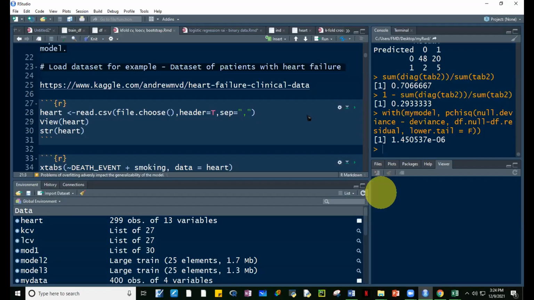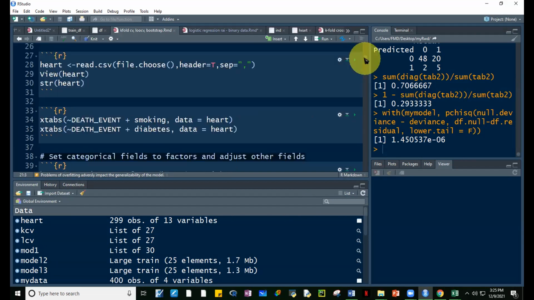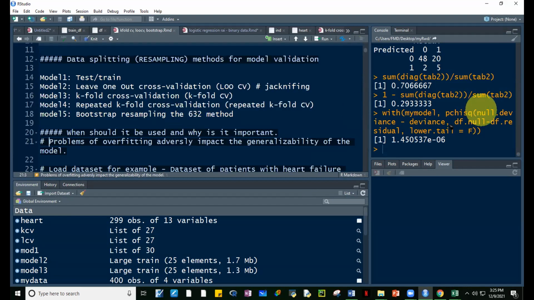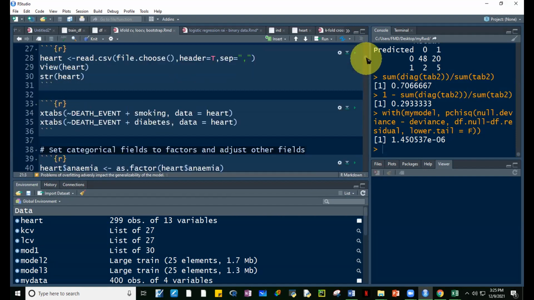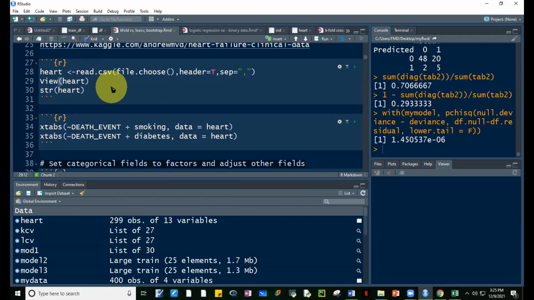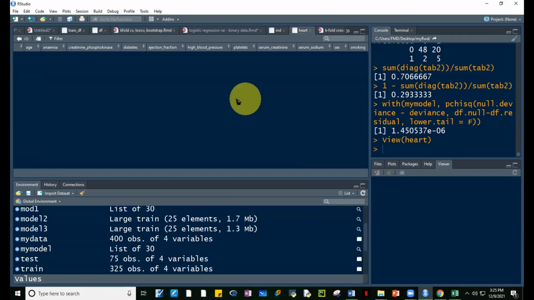Resume share na ako. Okay, there. So that I can easily see my mouse. I hope you have the heart data set. Okay, so quickly let's just see. Let me view it also, so that we understand what our heart data set is.